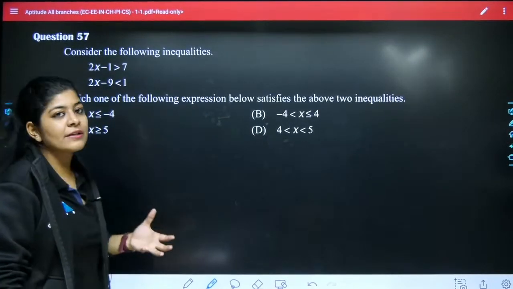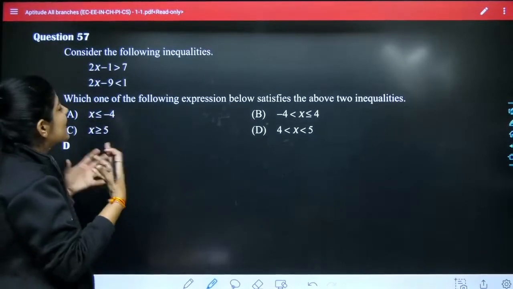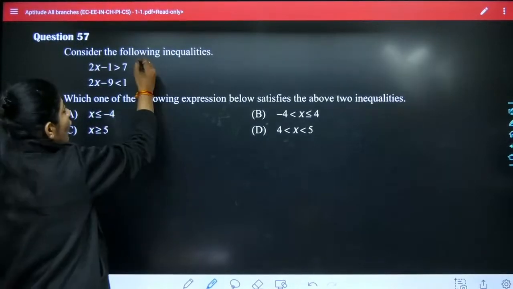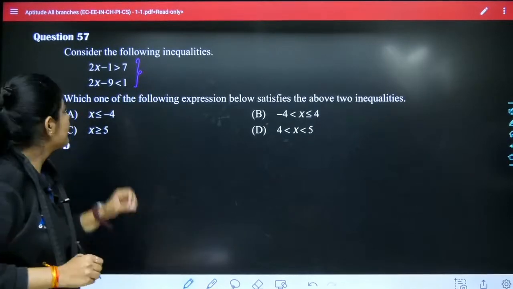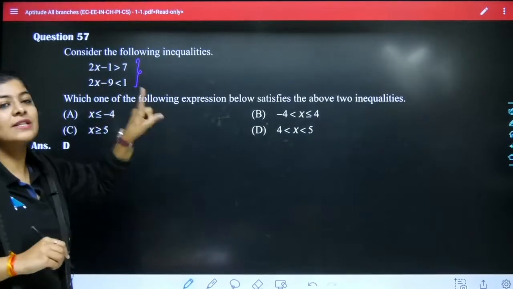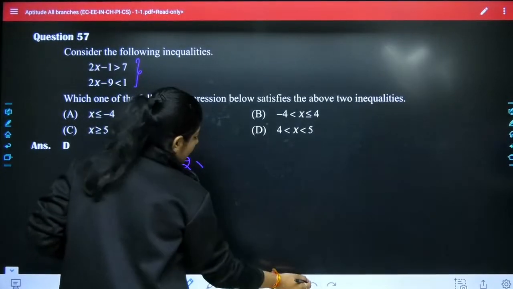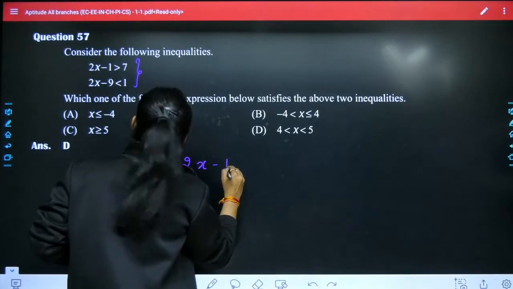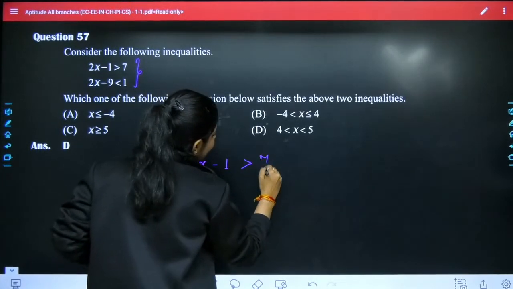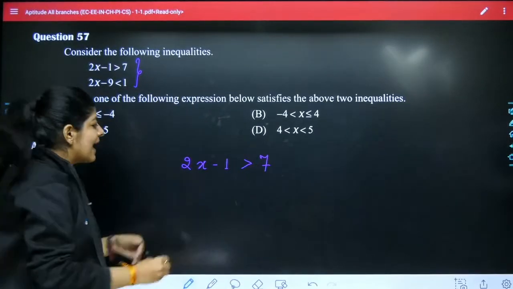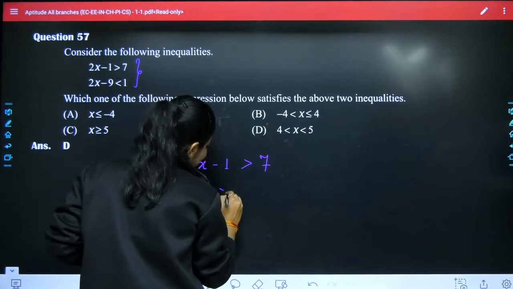Taking the first inequality, 2x minus 1 is greater than 7.